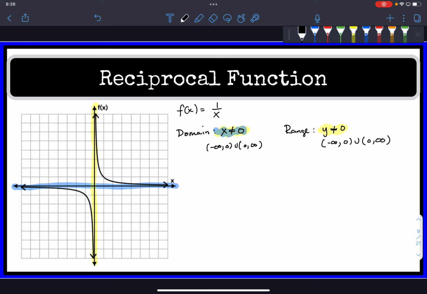Because we're not including that, notice that the graph doesn't touch the x-axis or the y-axis. So we have no x-intercept and no y-intercept either, because it's not part of the domain and the range, so we're not going to be intercepting the x nor the y-axis.